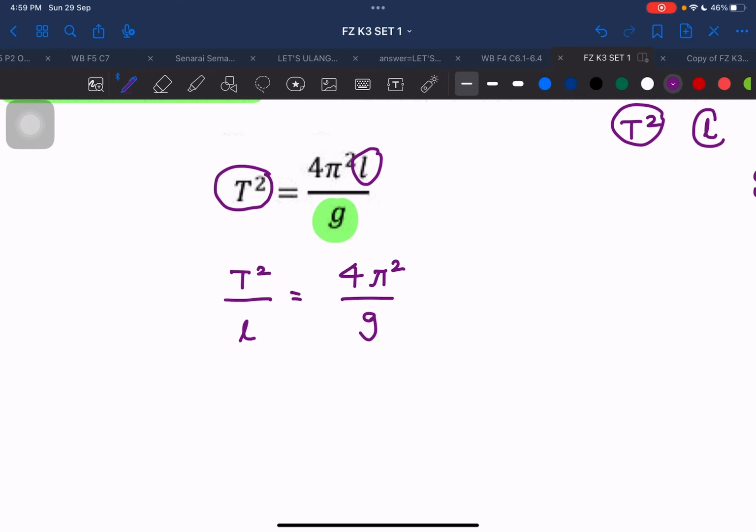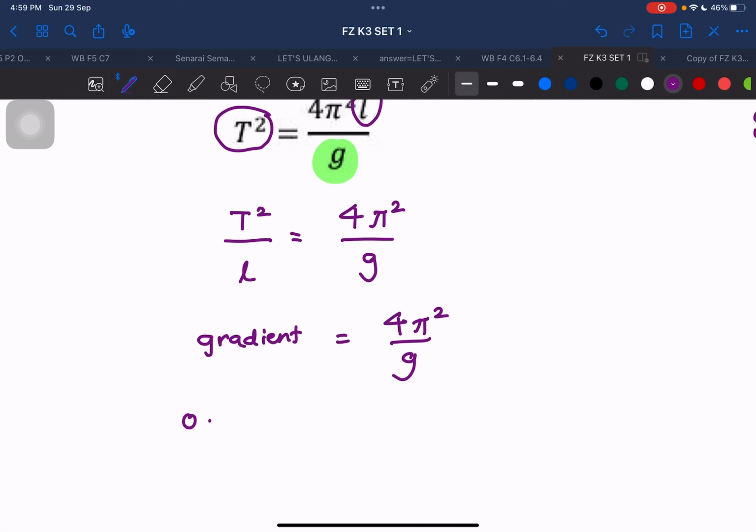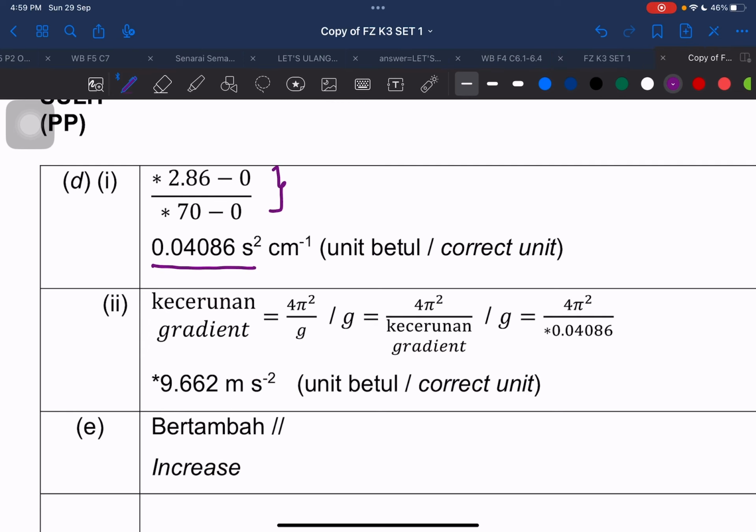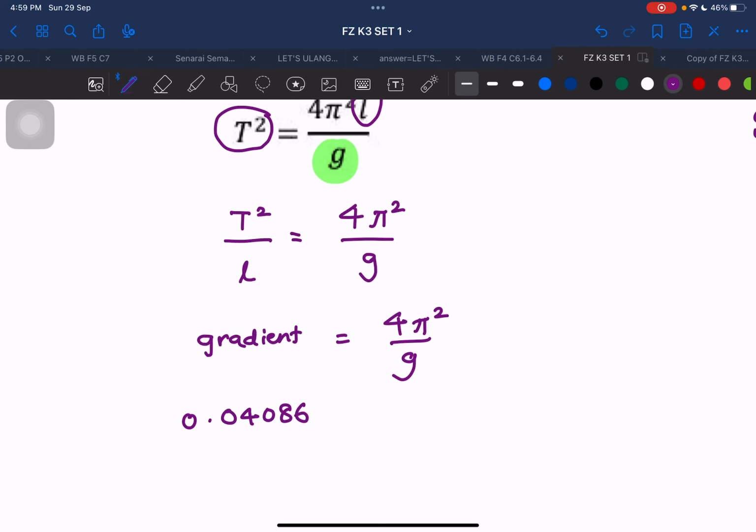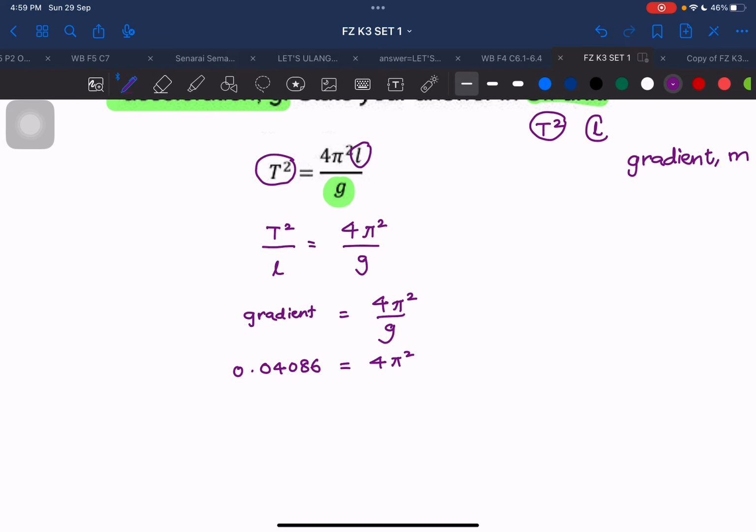This is the gradient, means that gradient is equal to 4 pi square over G. So substitute 0.04086. Correct? Correct. Okay, equal 4 pi square. Pi you can use your calculator if not given. Use your calculator. And then G. Like that.